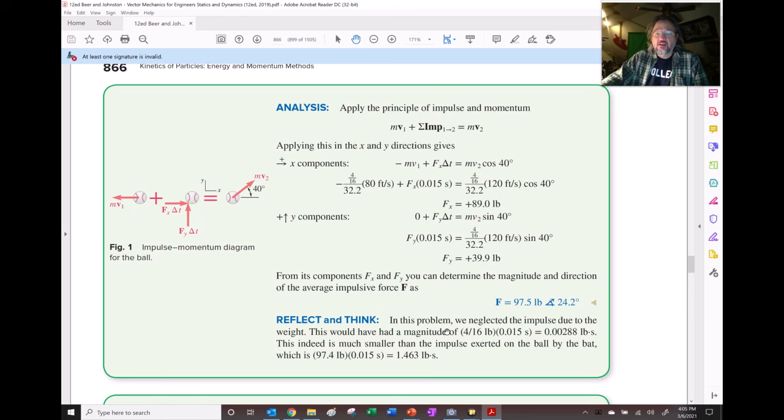But anyway, here you go. It says, in this problem, we neglected the impulse due to the weight. This would have had a magnitude of this right here added to it, 4/16. Mine's a little different from theirs. I thought I just did the numbers right there. Why is this my 0.25 times 0.015?